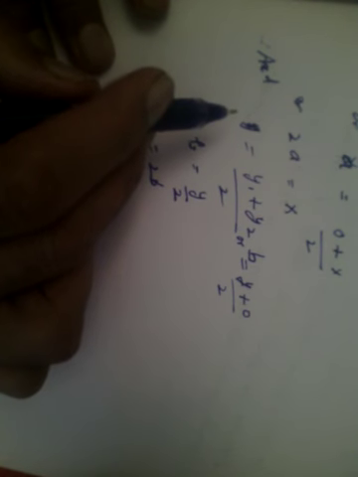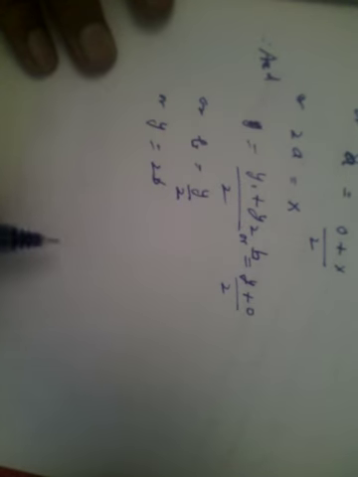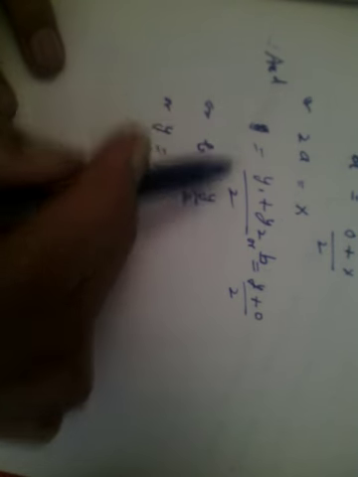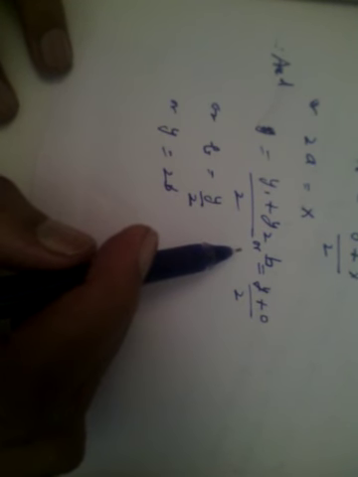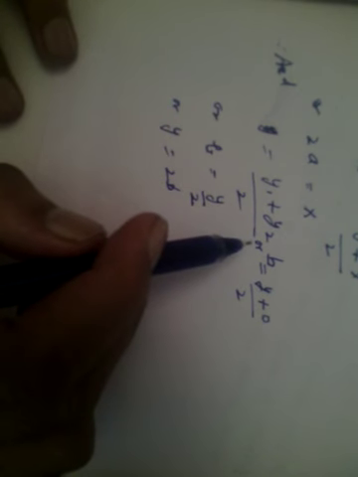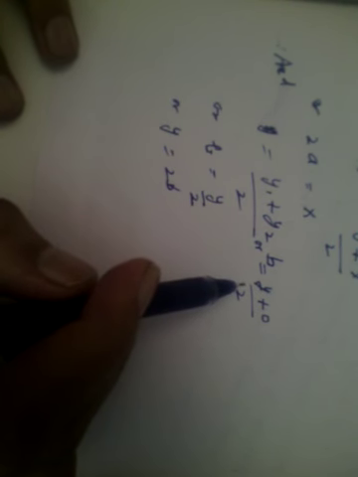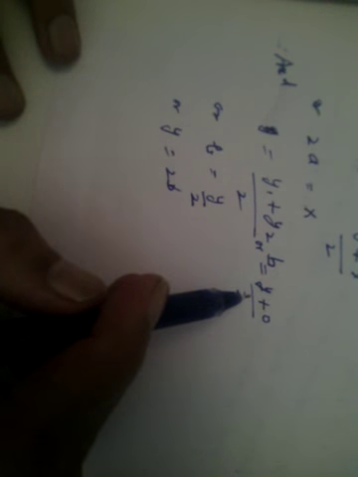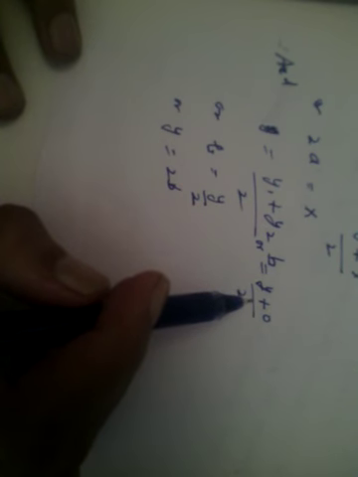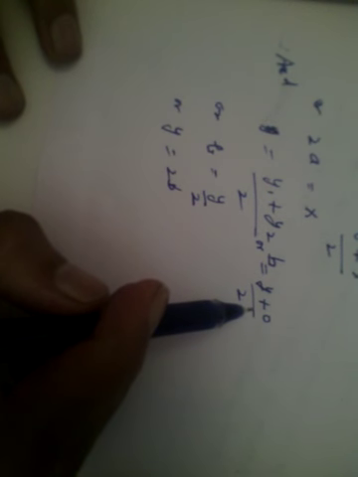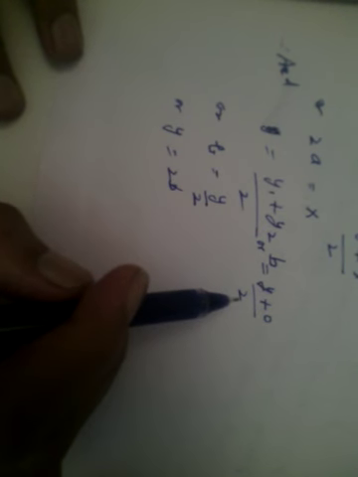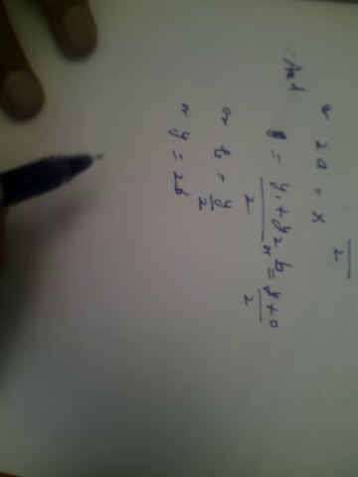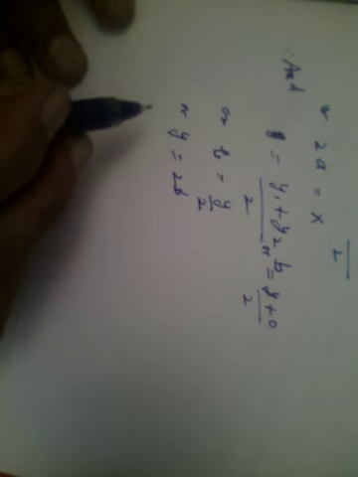Similarly, we know midpoint y can be given as (y1 plus y2) by 2, or y is equal to b, because in this case the midpoint is (a, b), so b is equal to (y1 plus y2) by 2. y1 is the coordinate of A, that is y, plus y2, that is the coordinate of B, that is y is 0 there, so divided by 2, or b is equal to y by 2, or y is equal to 2b.